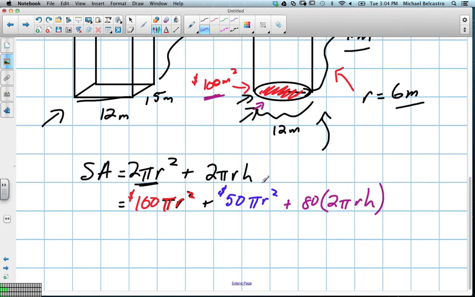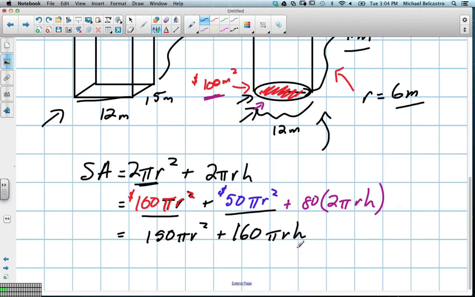Okay? So what we're going to do here is simplify what we have. We have these two added together to be 150 pi r squared. And this here becomes plus 160 pi r h. Okay? So now this is our new formula we're going to be working with.